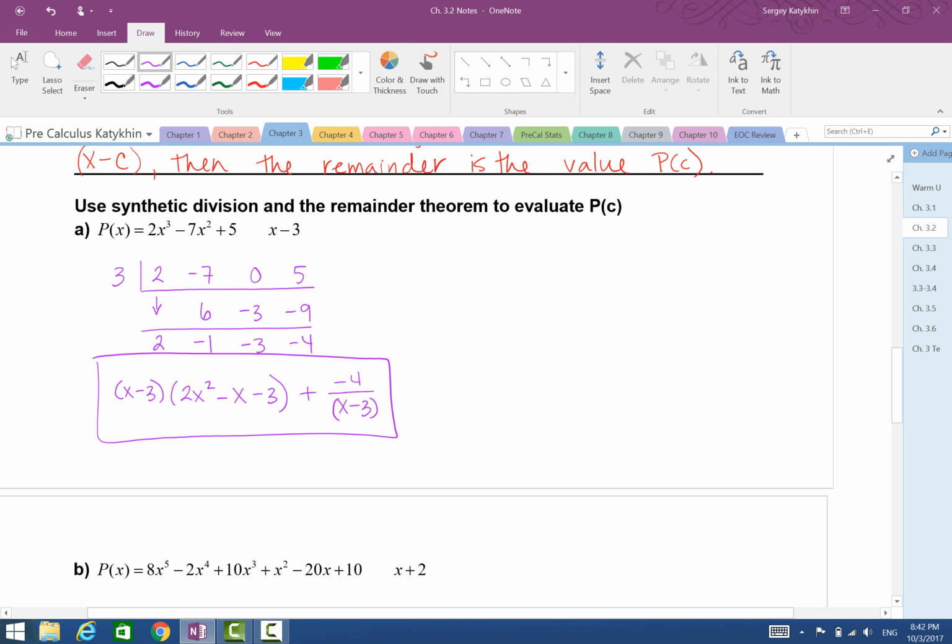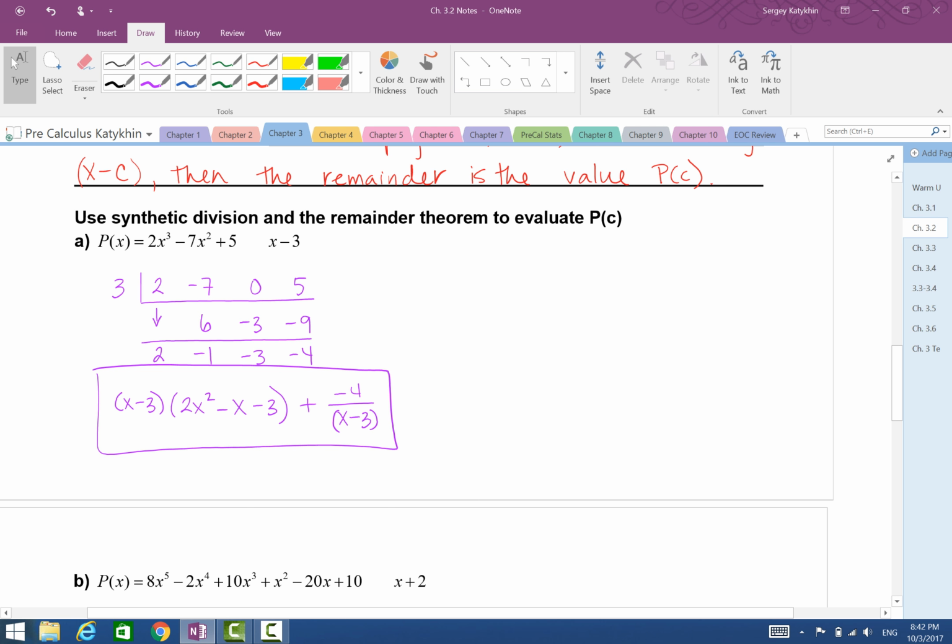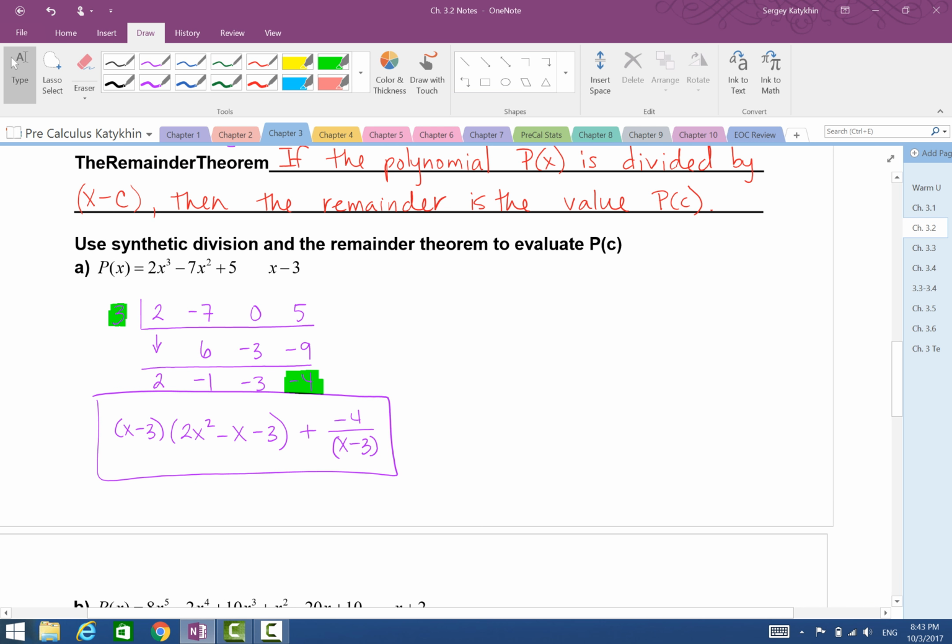Now what the remainder theorem says is that since our remainder was negative 4, then if I take c, which is the value from x minus c, and when I solve for x I get c, and that's how they get that c.